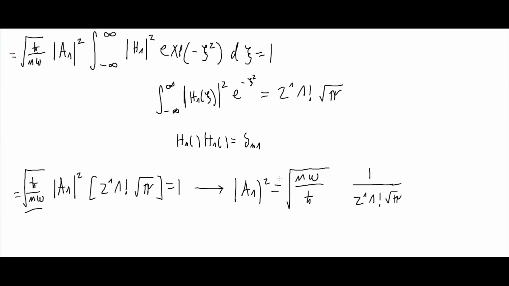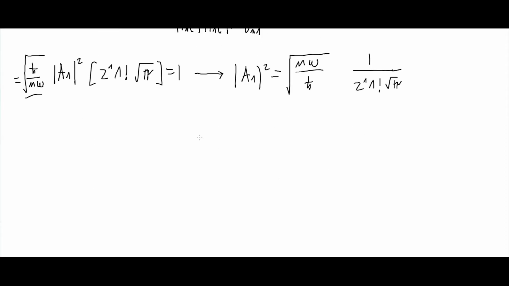So we end up with this. Then we just do the square root of everything, and so we end up with a sub n.